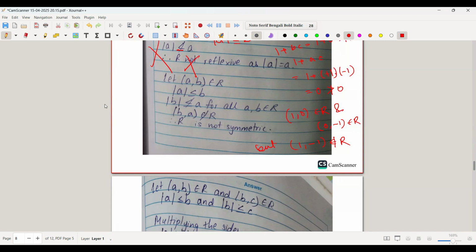If it is true for every element, then you have to prove. If it is not, then you have to give some example.